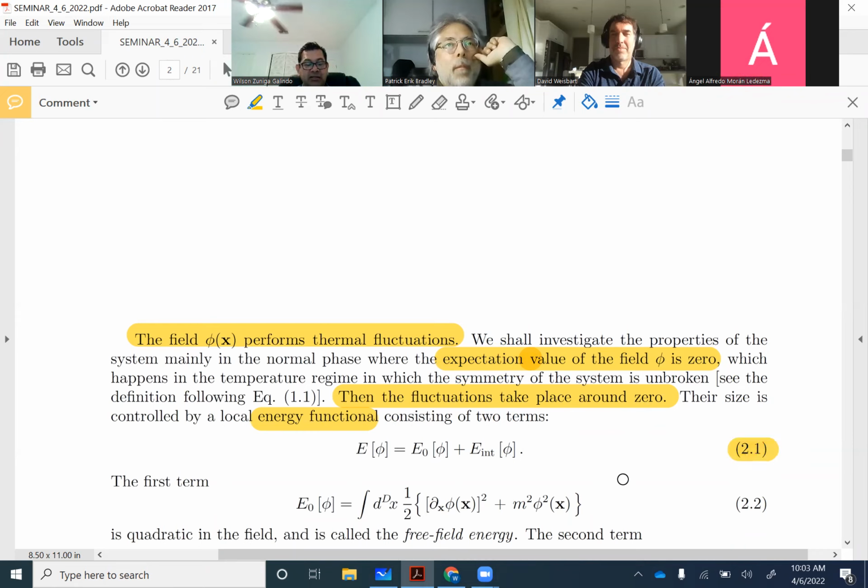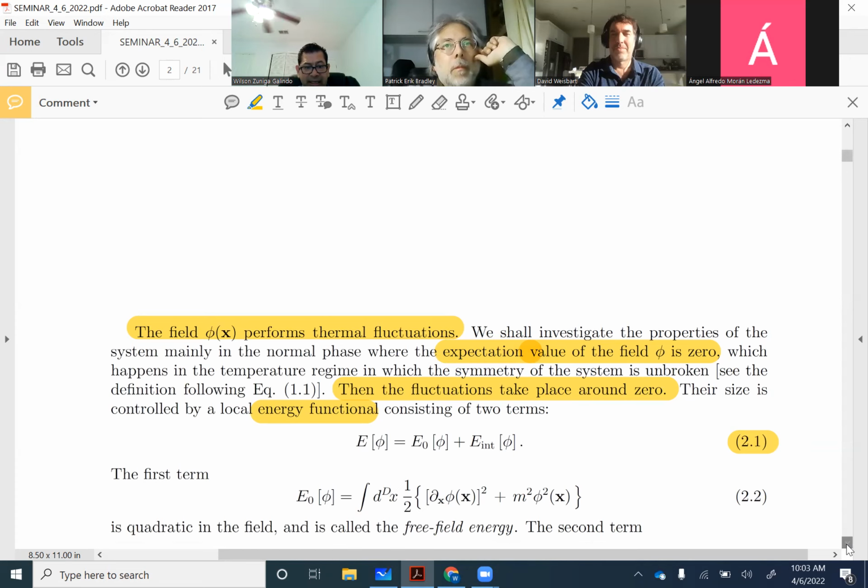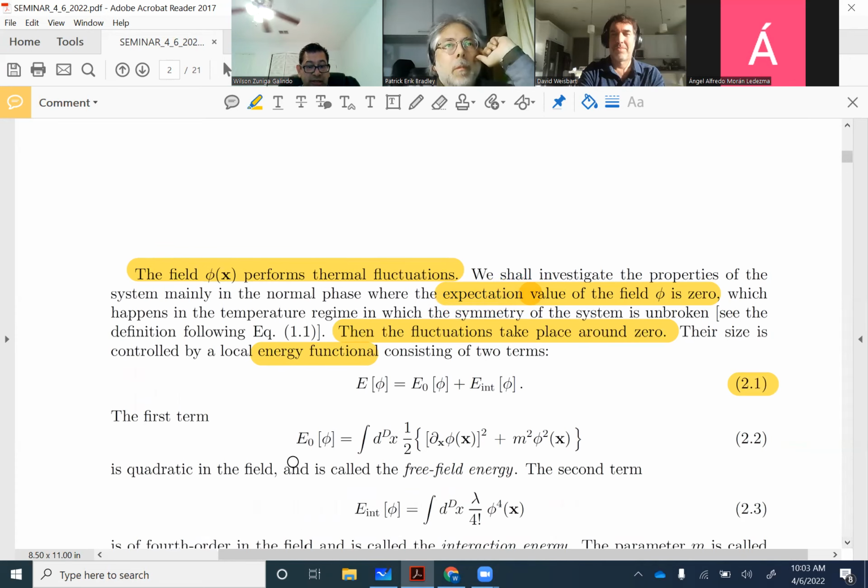Equation 2.1 defines the energy functional of the theory. This functional has two parts: E0, the so-called free energy, and E sub interaction, the interaction energy. The first term, the free field energy, is a kinetic term, basically the square of the speed, so this is a kinetic energy.